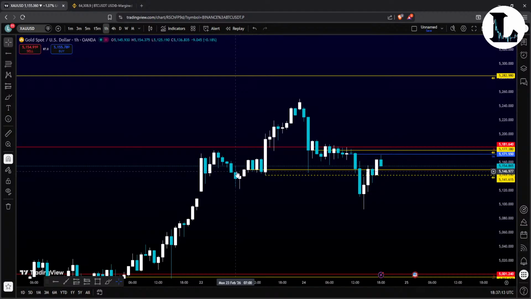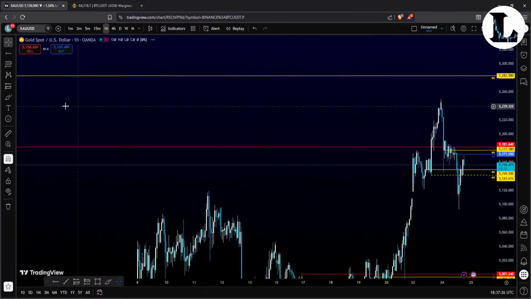Before we created that 4-hour, we had this 1-hour. It was tested multiple times here, and the price tried to break down and probably attack that 4-hour. It failed. It rejected something here.